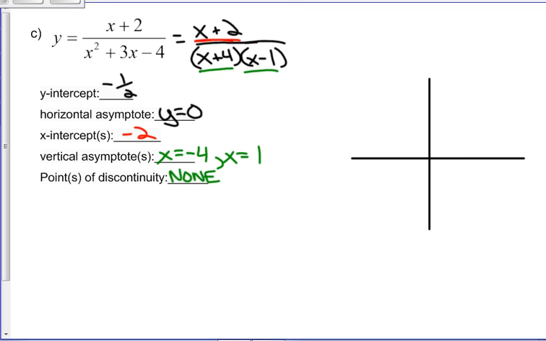Okay, before we do a whole bunch of thinking, let's just plot what we know here. So we know that y-intercept is at -1/2. 1, 2, x-intercept at -2. Vertical asymptotes at -4 and 1.